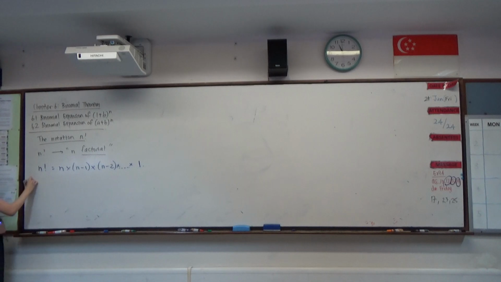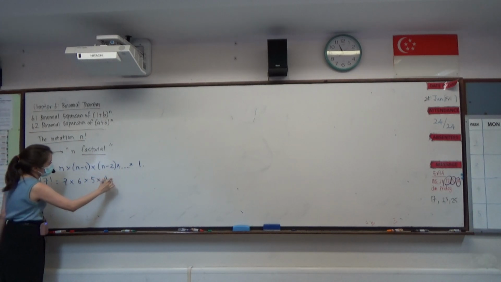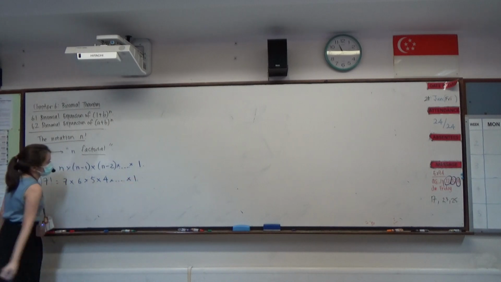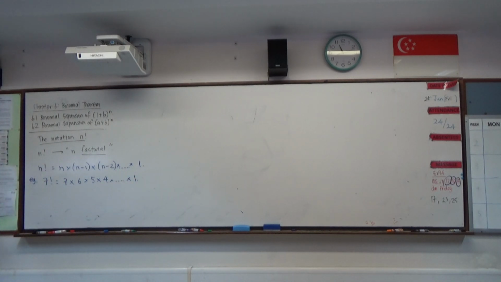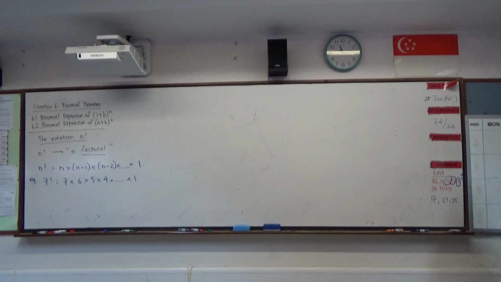So for example, if I talk about 7 factorial, it will mean 7 times 6 times 5 times 4, all the way till times 1. There is a calculator button that you can press for such values.